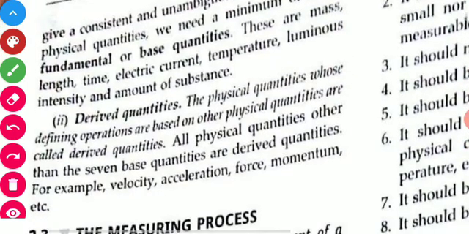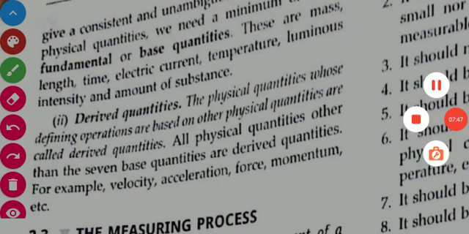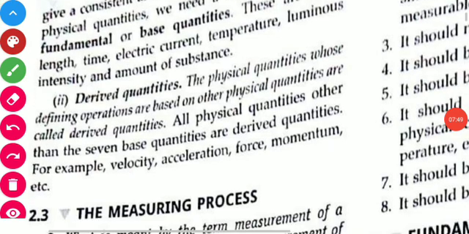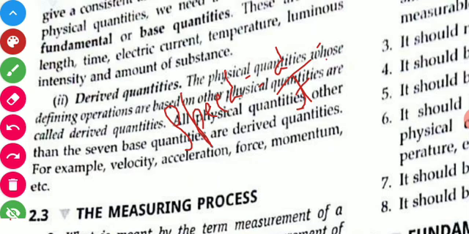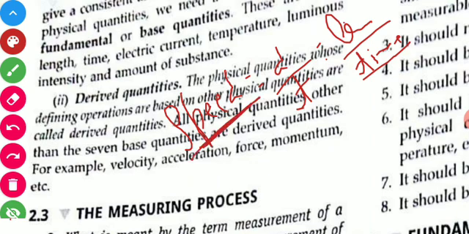Next is derived quantities. What are derived quantities? See students, derived quantities are derived from the fundamental quantities. For example, speed is equal to distance upon time. Distance means length, time is time. So here you can see speed is expressed in terms of length and time.